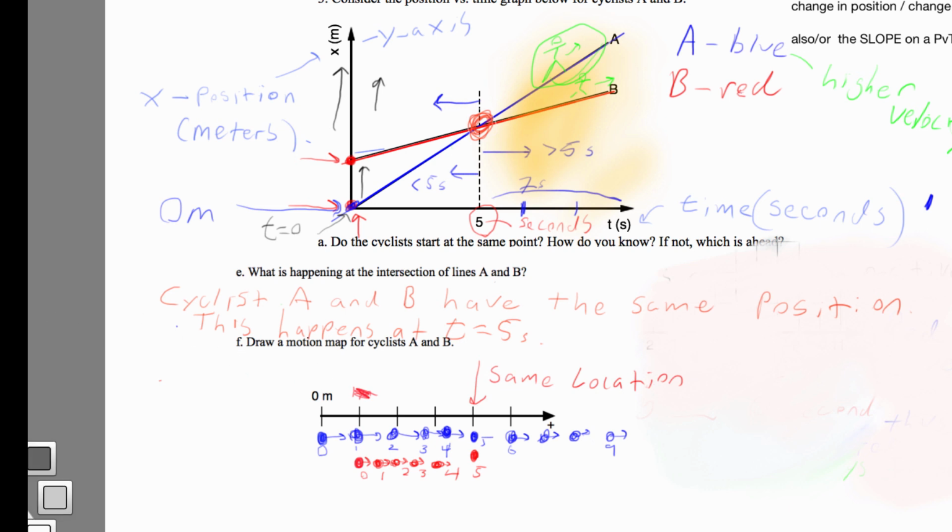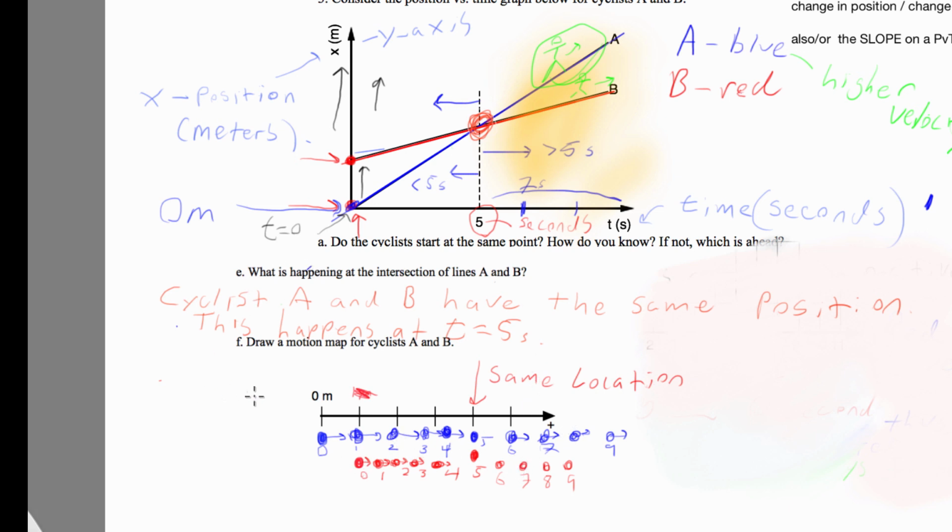And in red, I'm going to do the same thing: second 6, second 7, second 8, second 9. So I can pretty clearly see that at second 7, who's ahead? Blue's ahead, because if I look at the 2 dots at second 7, the blue dot is further to the right.